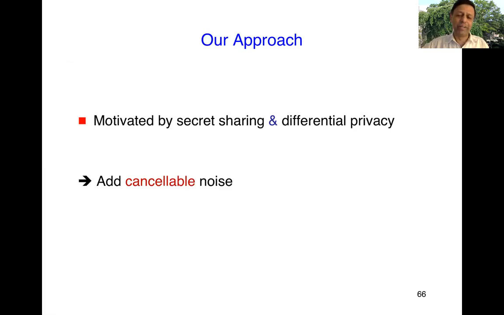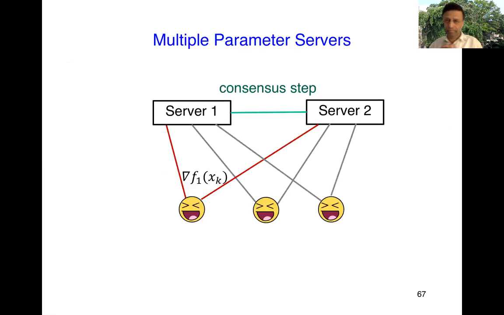In effect, what we do is add what we call cancelable noise in the communication between the agents and the servers. So for our solution to be used, the system needs to contain more than one server. One server is not sufficient. There must be multiple servers. So that's a cost we are paying, but we gain something in return.